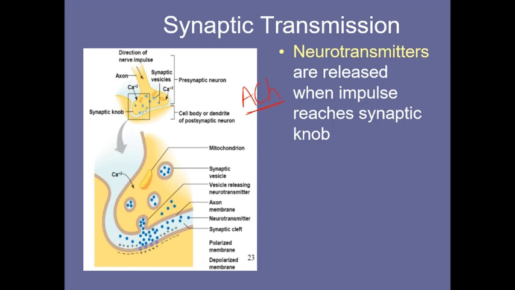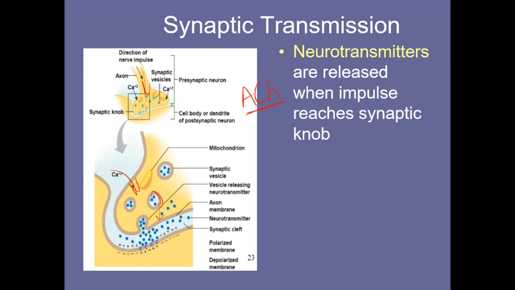Remember, here's my axon. So here comes my nerve impulse. Remember, when the electrical impulse gets down to the axon terminal, the calcium channels open, calcium flows in, and the neurotransmitters in the vesicles move to the surface and dump into the synapse.